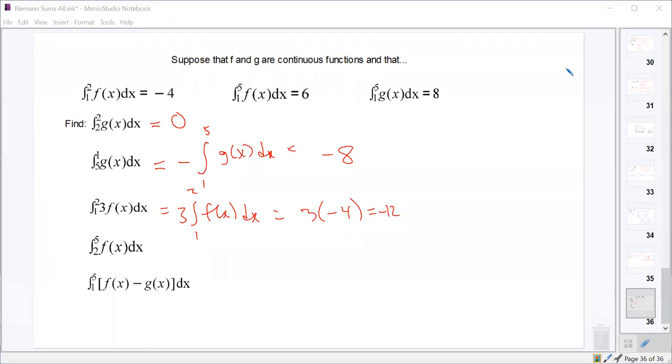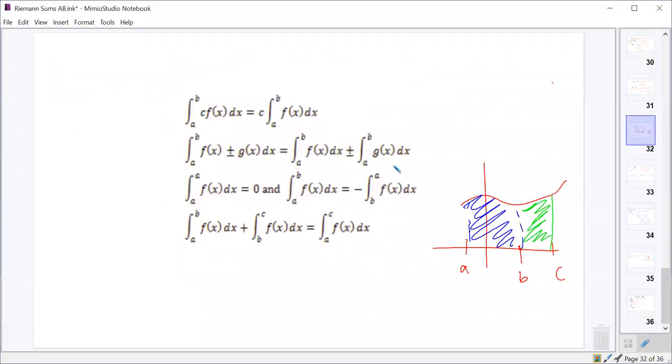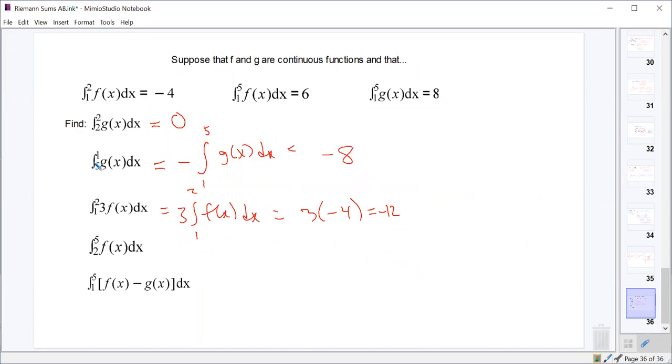Somebody asked me in the chat about why that's -8. So our rule from way up here was that we can flip the limits of integration, and if we flip the limits of integration, you put a negative sign out in front of the integral. So here, we had an integral from 5 to 1 of g.